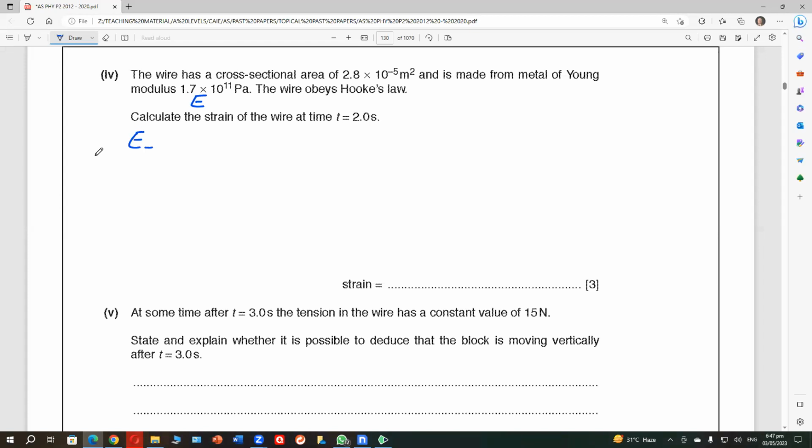Young modulus is equal to FL over Ae. But I need to find strain, so I can think about the formula stress upon strain. So we can do this one.